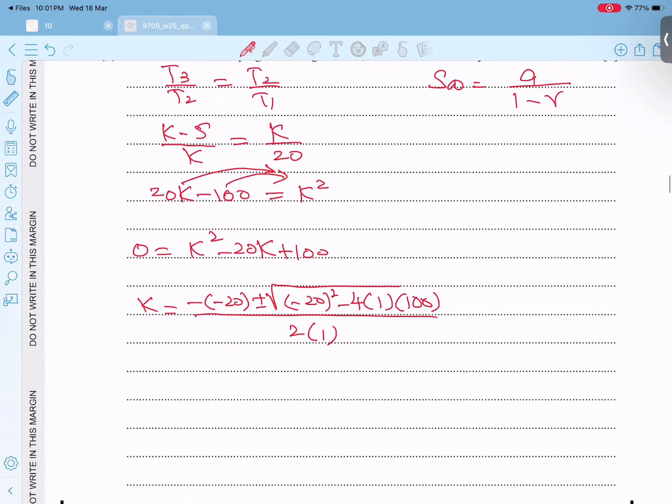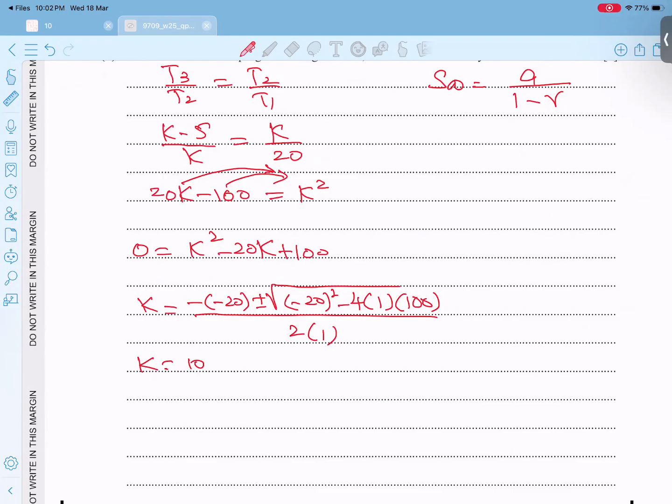If I find the k values from here, what is a? It is 1. B is negative 20. C is 100. You can check in the calculator. When you type, at least this much you have to show. The first answer I am getting is 10.